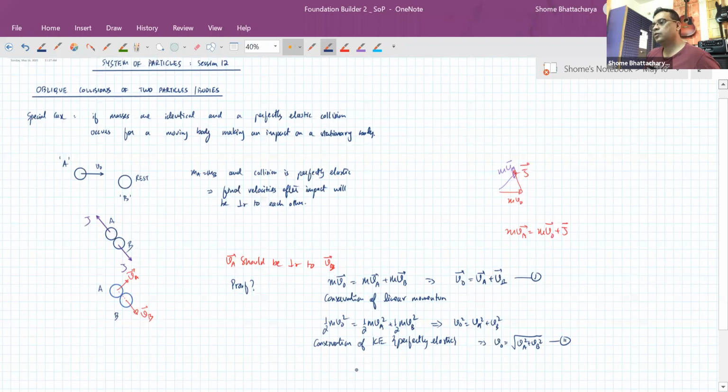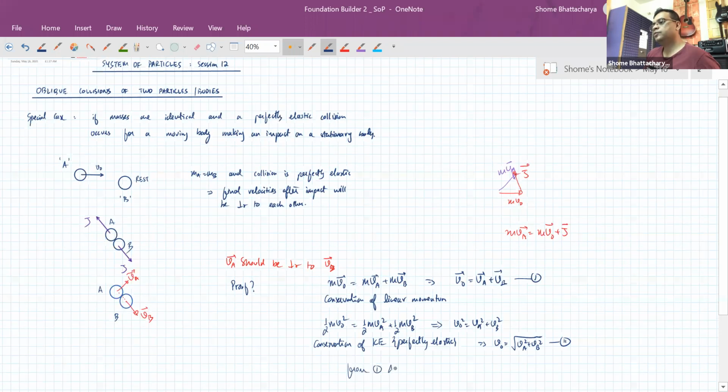From equations 1 and 2, mod of VA plus VB is equal to root of VA square plus VB square, so the angle between the two vectors is 90 degrees.